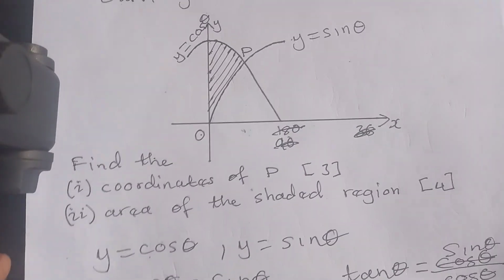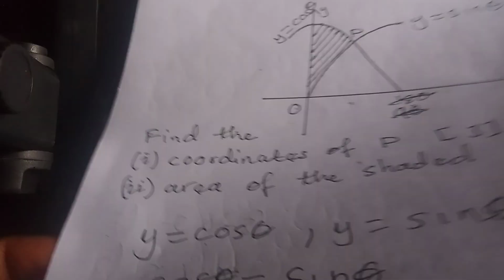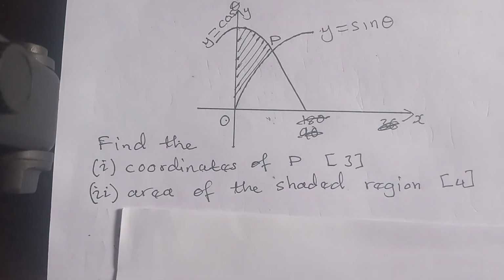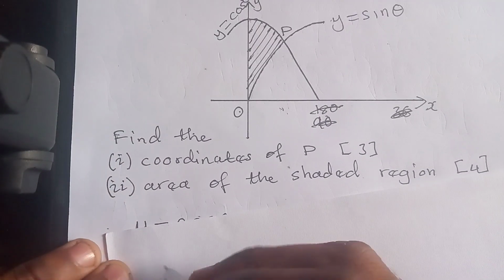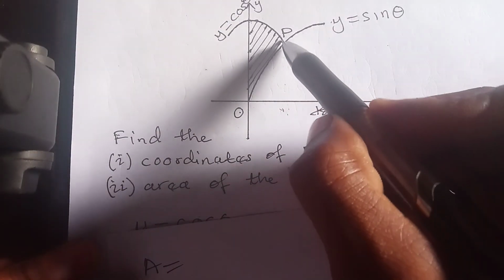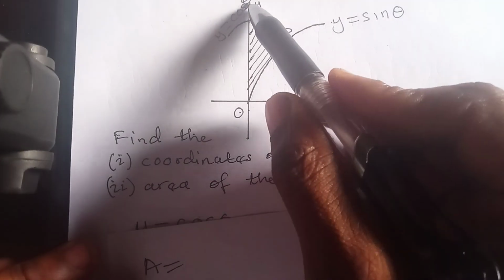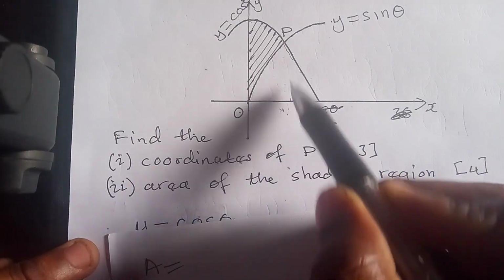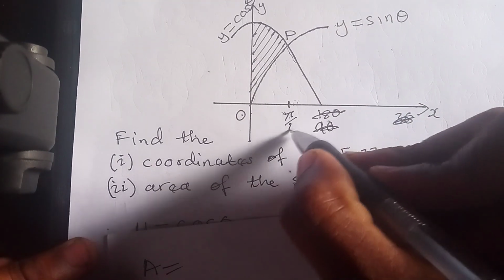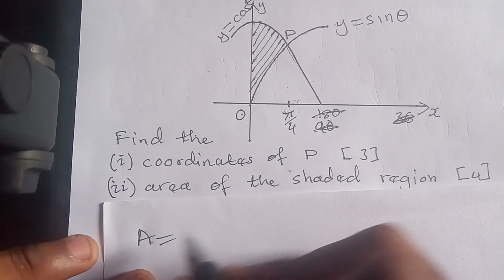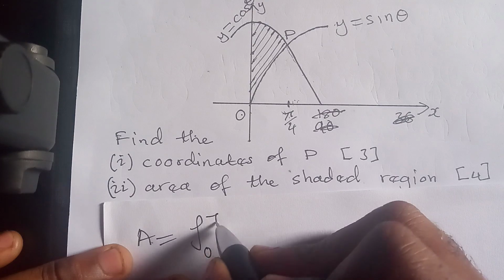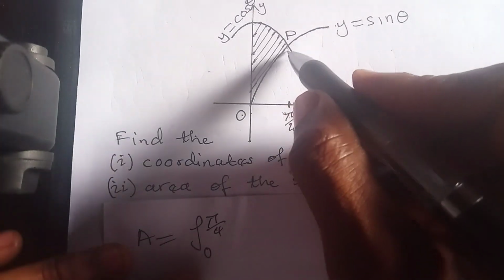And then the area of the shaded region. To find the area of the shaded region, you can integrate this function with respect to theta from 0 to this point here. Remember this point is pi over 4. So area is equal to the integral from 0 to pi over 4.